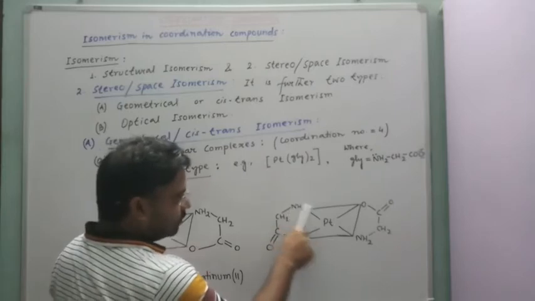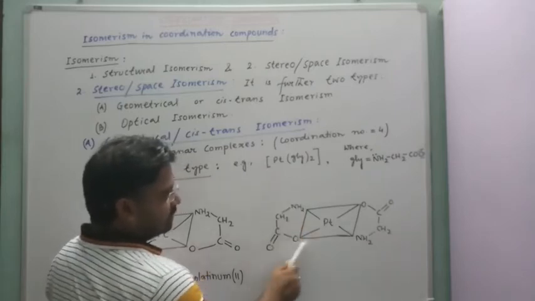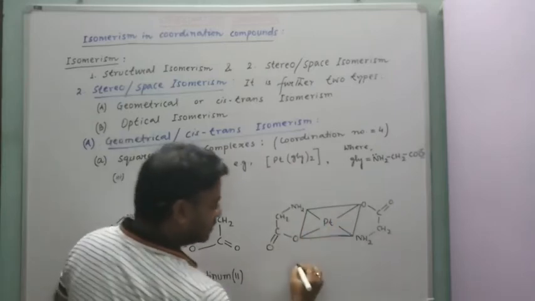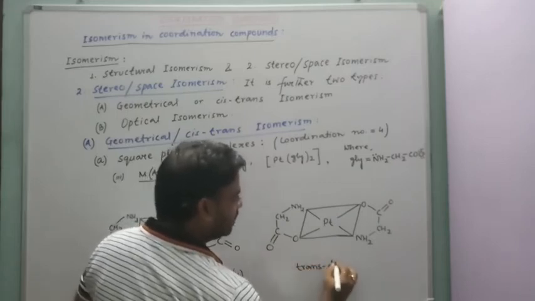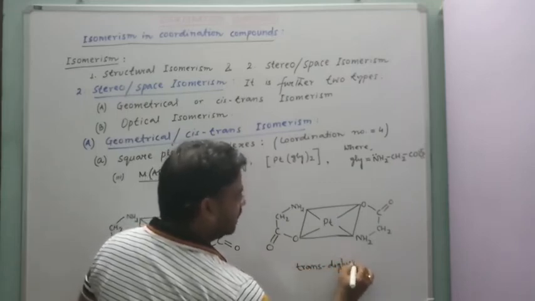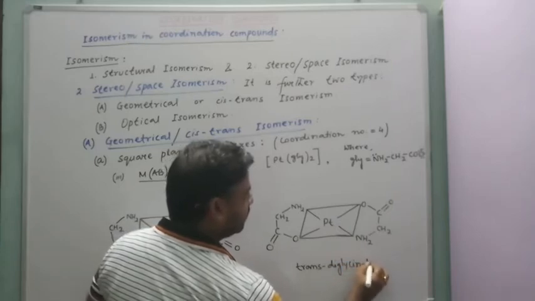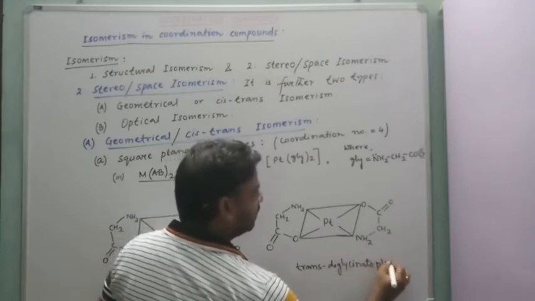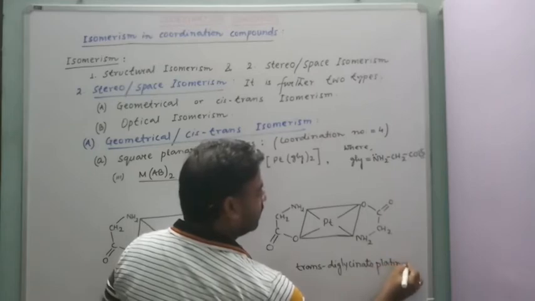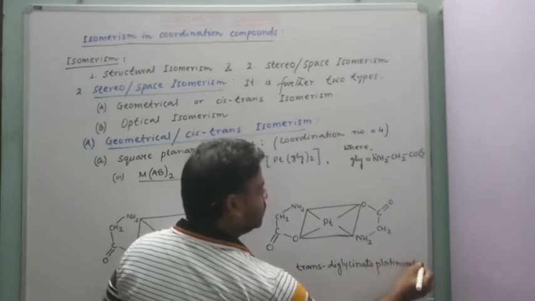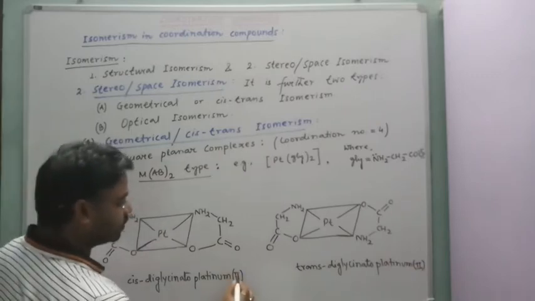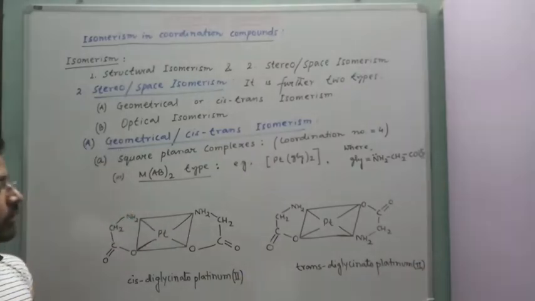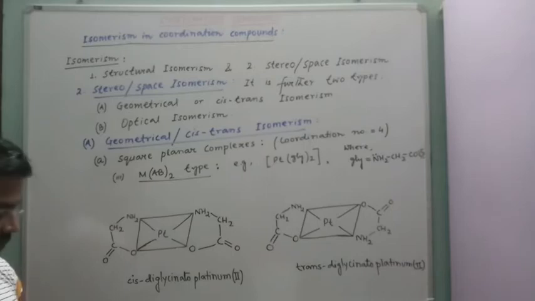So here both the nitrogen are in the opposite plane, both the oxygen are in the opposite plane. So it is trans isomer. So trans diglycinato platinum 2. So clear?